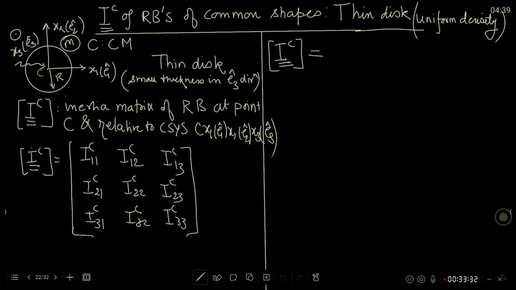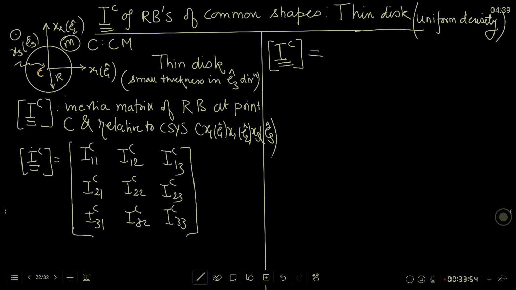Now let's look at a thin disk, and the quest is the same here. I want to find the inertia matrix of this thin disk at its center of mass, which is C, and relative to a coordinate system which I have shown here.